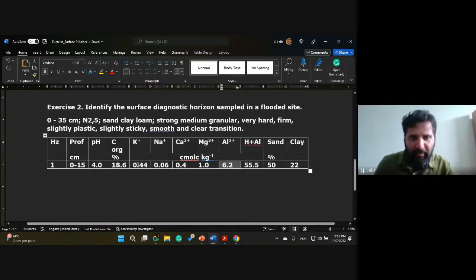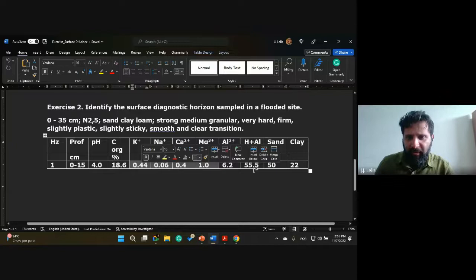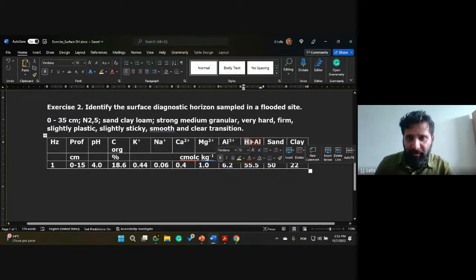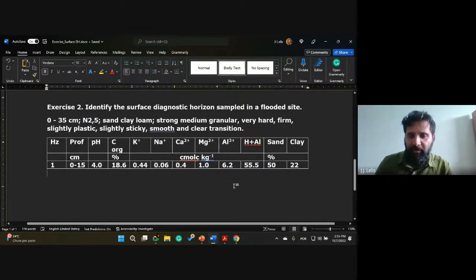And we present a low content of nutrients. So the potassium, sodium, calcium, and magnesium are very, very low. The quantity of hydrogen is very high. So we have a lot of acid and we don't have a lot of nutrients, a lot of bases.